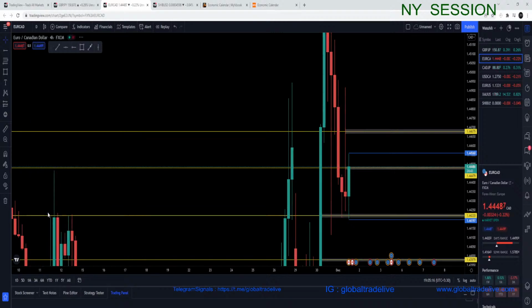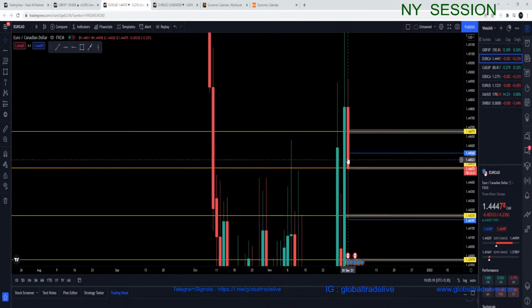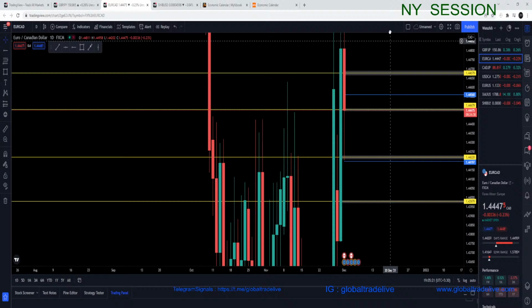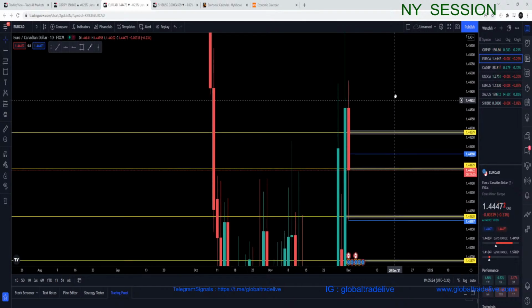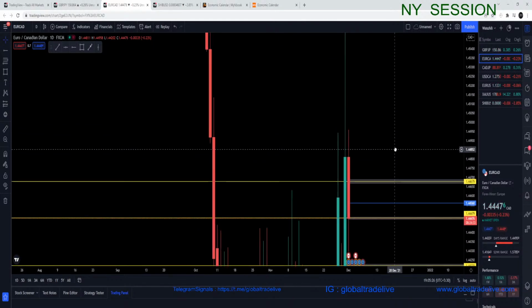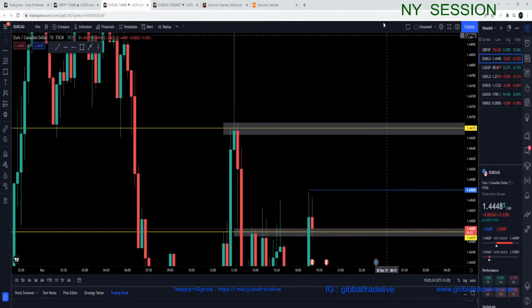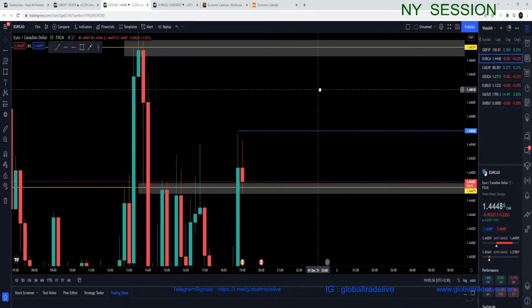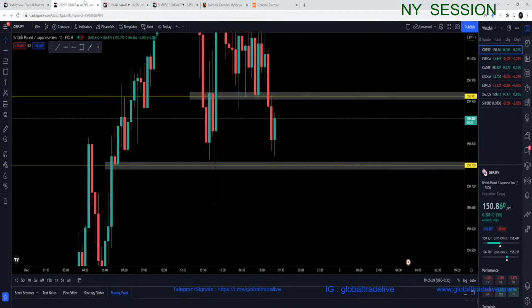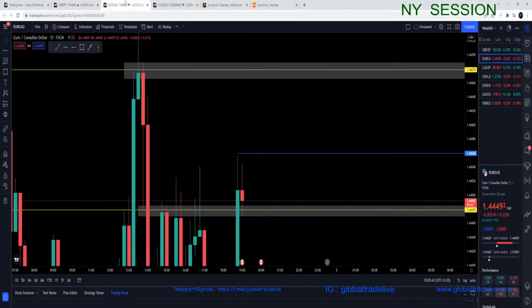Also, that will reverse back this daily candle. I think this looks good. So 9 minutes left for the current 15-minute candle to close.